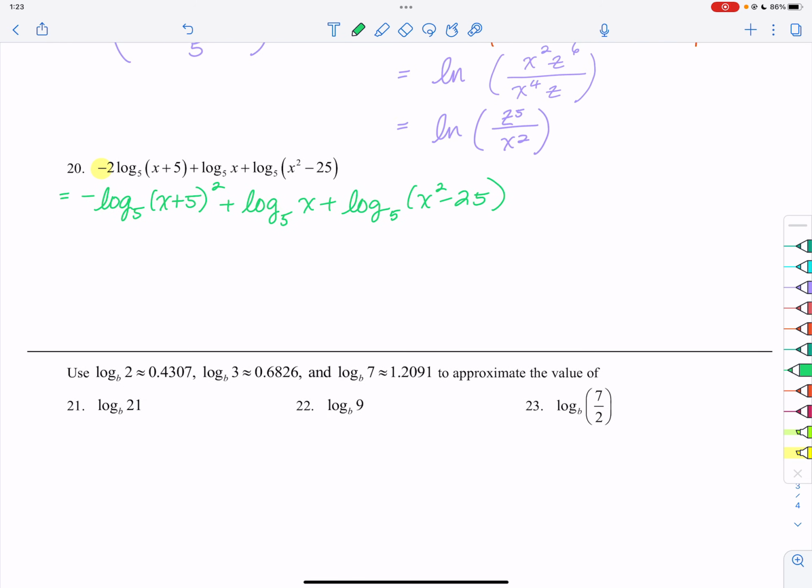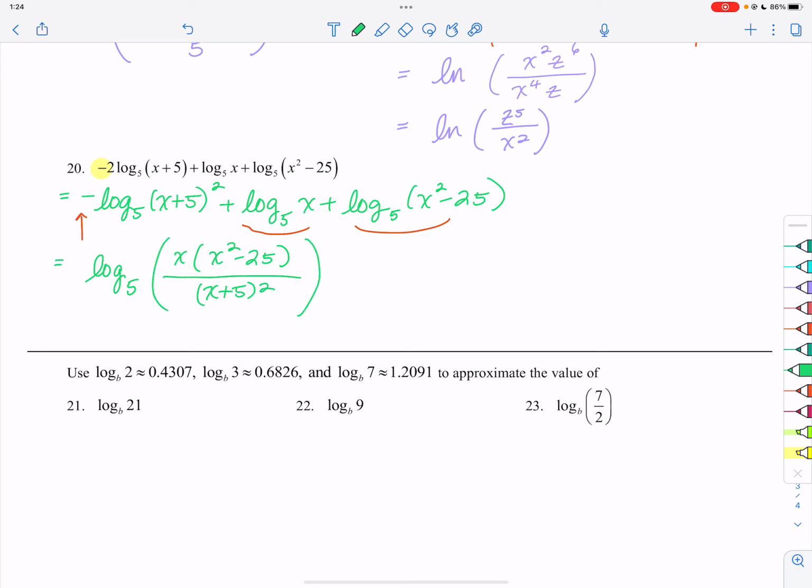So now, as you can see, these are our positive terms, and this is our negative term. So we have the log base 5 of x multiplied by x squared minus 25, all divided by x plus 5 squared. I think I'll work to the right. So now we have the log base 5, and let's factor that numerator.